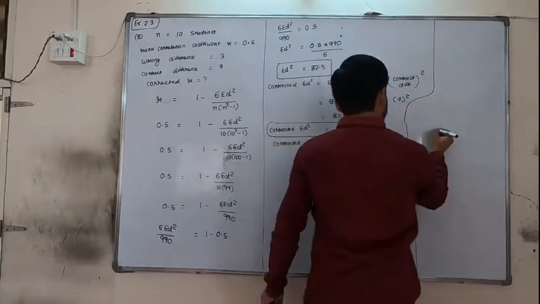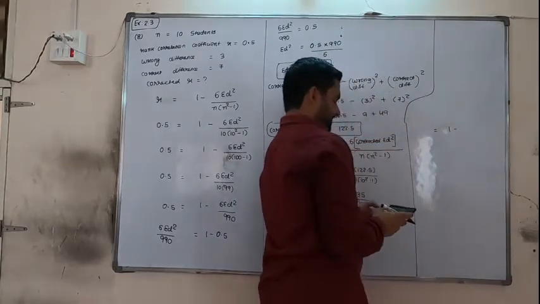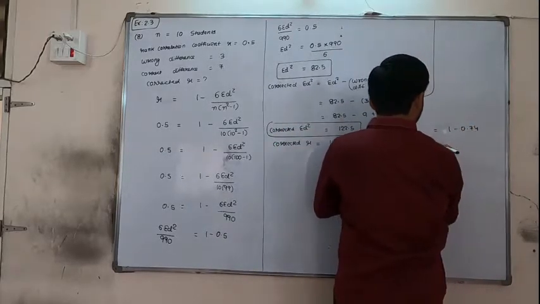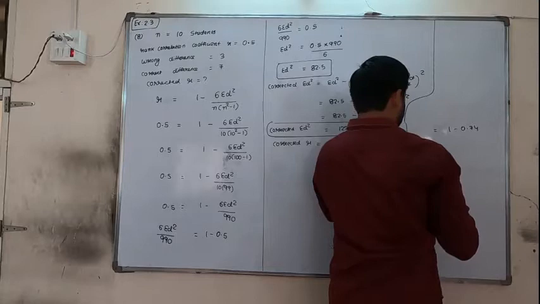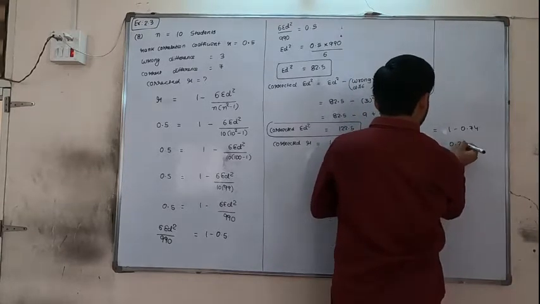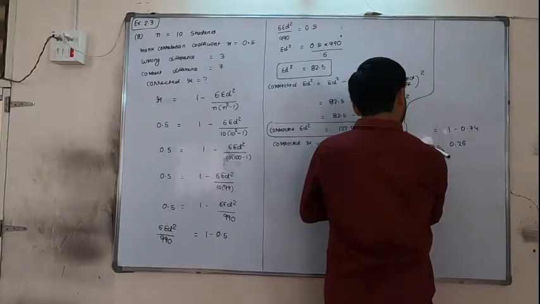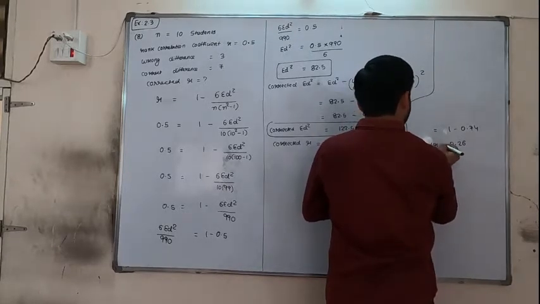That is 1 minus 0.74, which is 0.26. Corrected R.